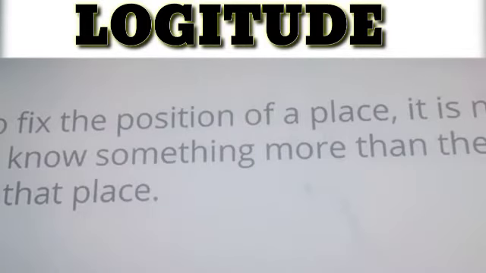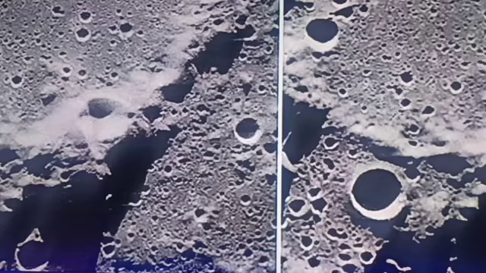For example, you can see that Tonga Islands in the Pacific Ocean and Mauritius Islands in the Indian Ocean are situated on the same latitude, that is 20 degrees south.